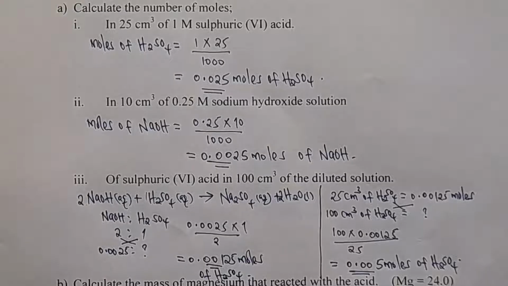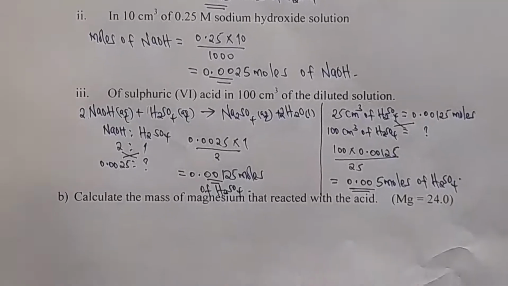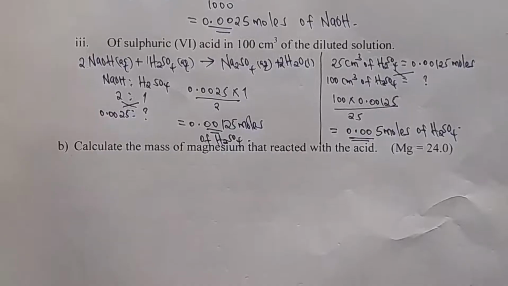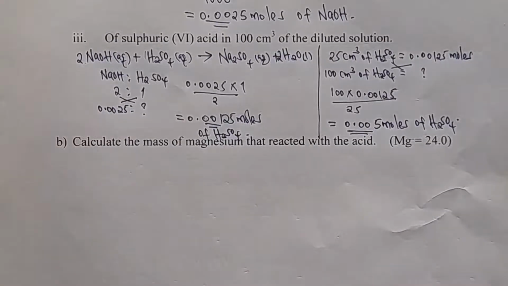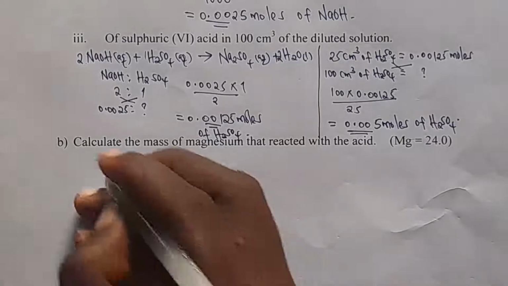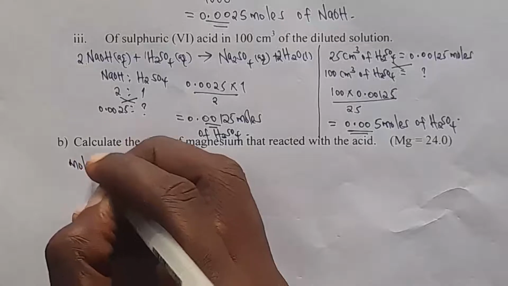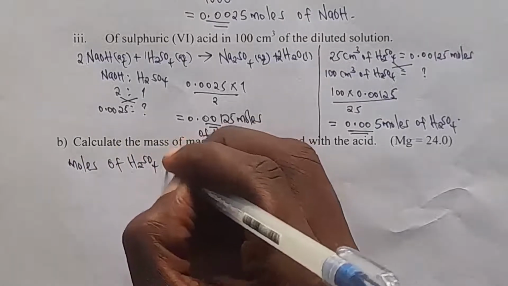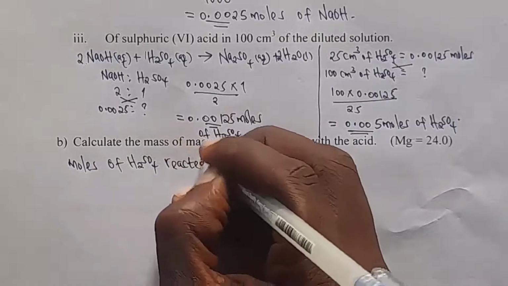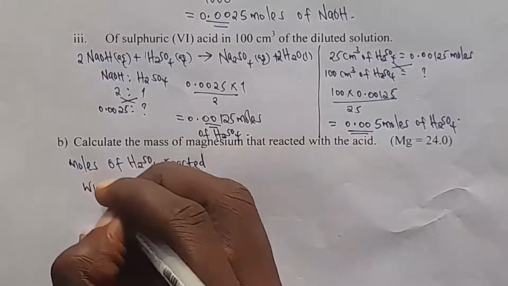Okay, next we are going to go to part B. We are told calculate the mass of magnesium that reacted with the acid, and we are given the RAM of magnesium. So the first step, we are supposed to get moles of sulfuric acid that reacted with magnesium.